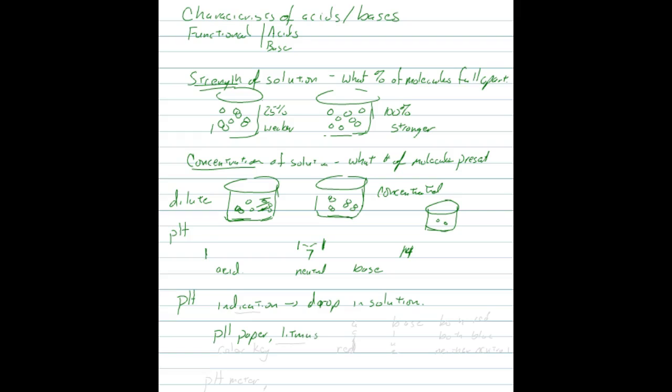pH paper is a universal indicator soaked onto a paper. And again, you got to have a color code. It's a color key. What color the paper turns instead of the whole solution tells you what the pH is approximately. Litmus is more general.